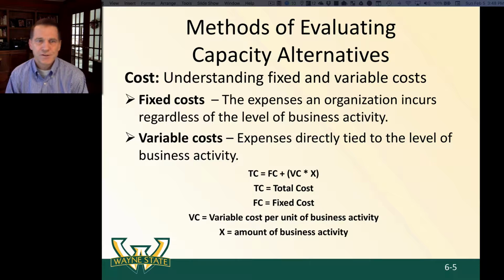So fixed costs are the expenses an organization incurs regardless of the level of business activity. Now I want you to think in your mind, what would be some examples of that? Well, we have to pay the rent for our business, whether we produce or sell a single unit, right? We've got some salaried staff in the front. That is more or less a fixed cost.